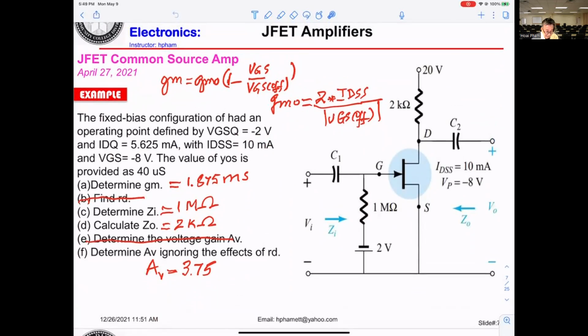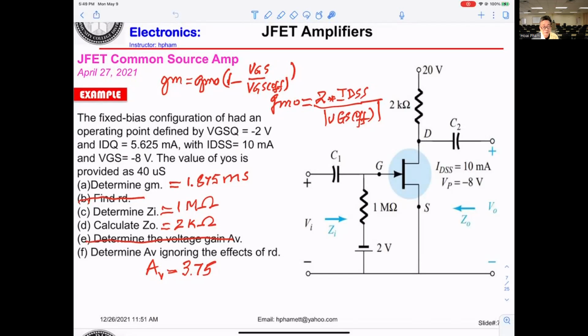And they want to determine the gm. We already told you gm equals gm0 times (1 minus VGS over VGS off). What is gm0? That means gm0 is the value at VGS equal 0.